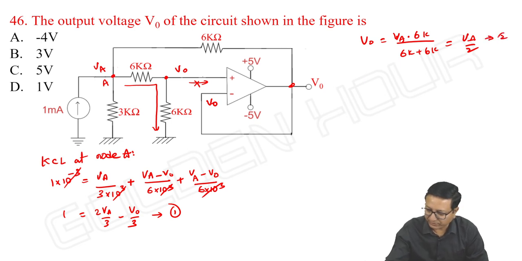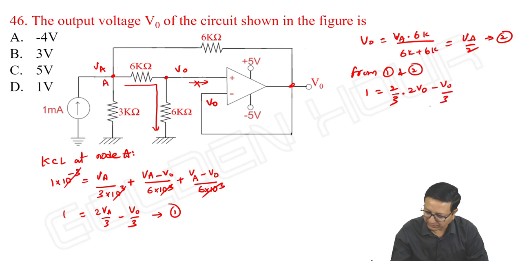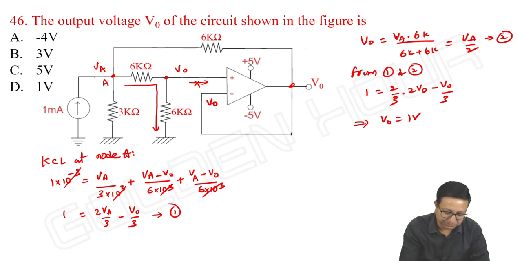Let me take it as equation 2. From 1 and 2, 1 is equal to 2 by 3 into, instead of VA, I can write 2 V output, minus V output by 3. So V output is equal to 1 volt.